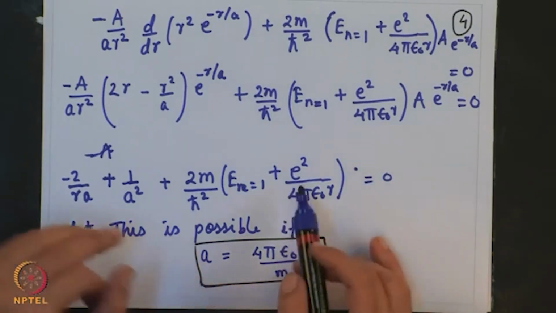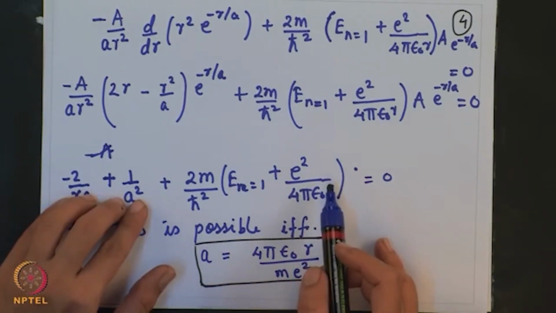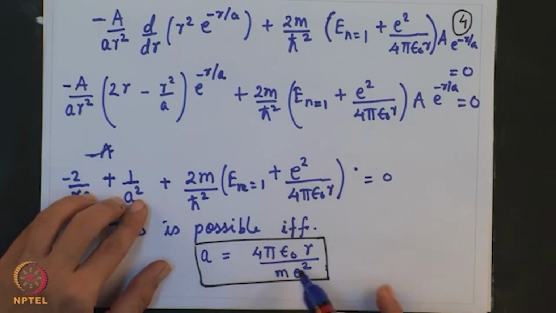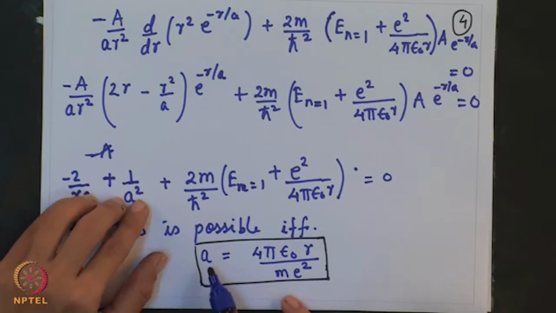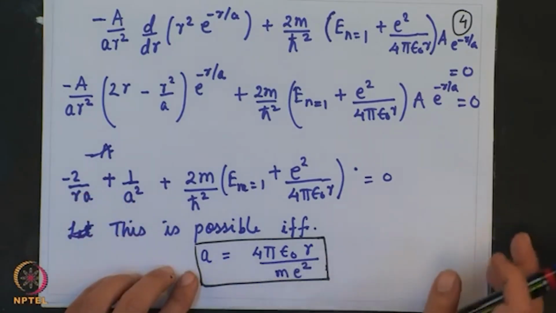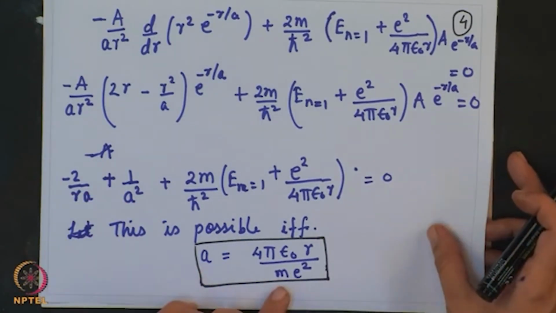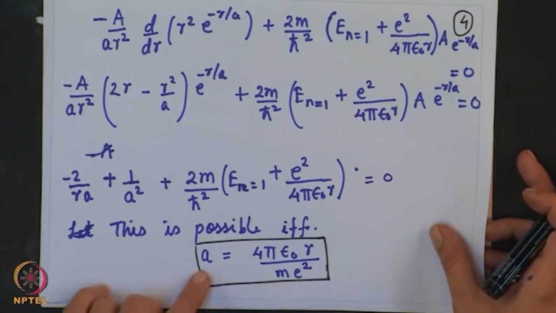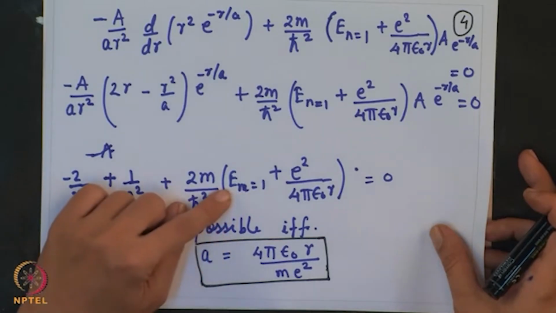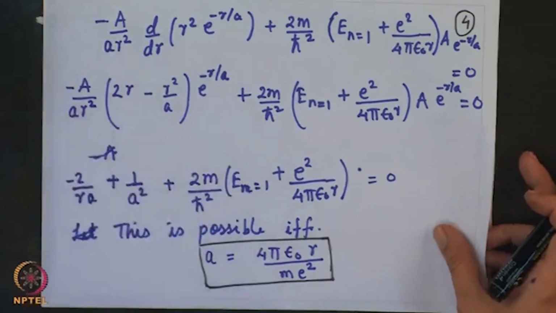What we have assumed here is that this quantity is equal to this term. So, with this we have A is 4 pi epsilon naught upon r upon m E square. From this if we substitute for A, we will be able to obtain the value of the ground state energy. So, we have to substitute.